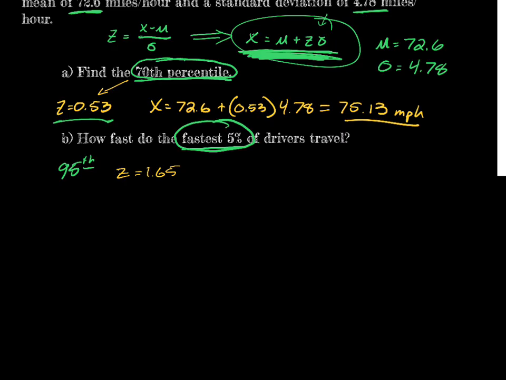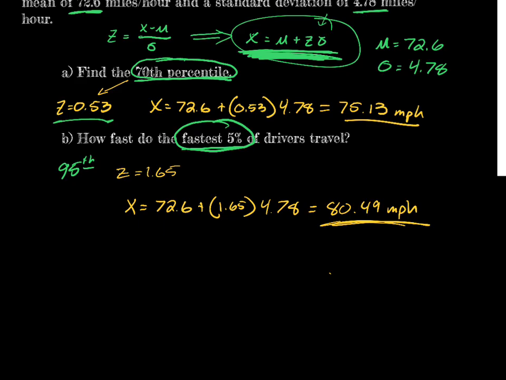And we throw it through that same formula. We have x equals mu, which is 72.6, plus our z-score of 1.65 times our standard deviation of 4.78. And when I do that calculation, I got 80.49 miles per hour.